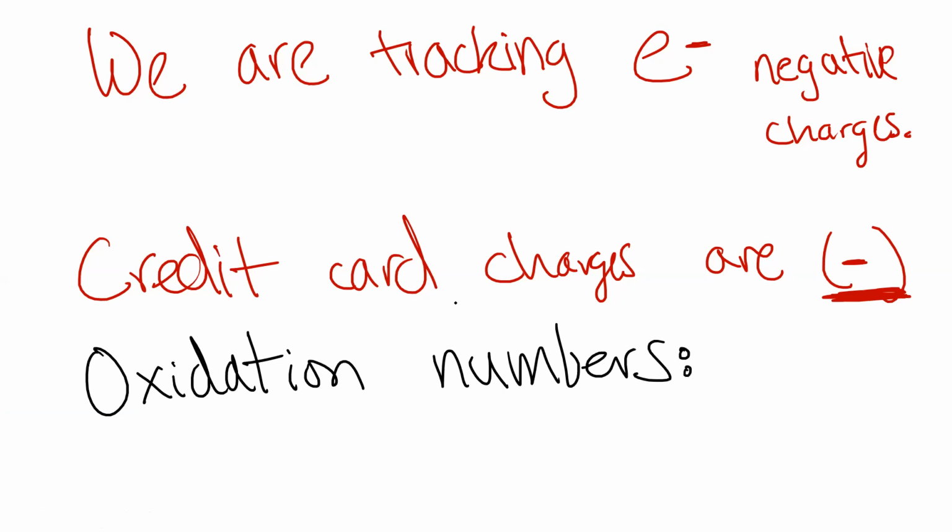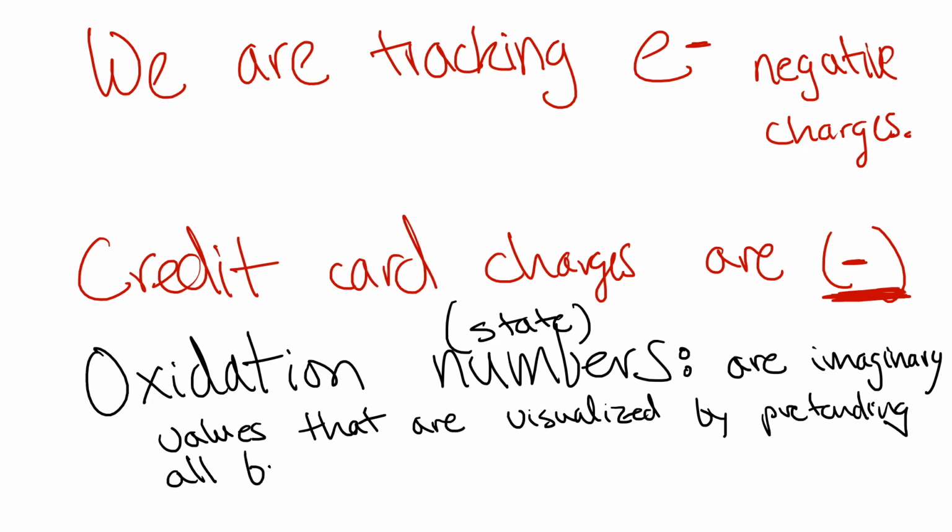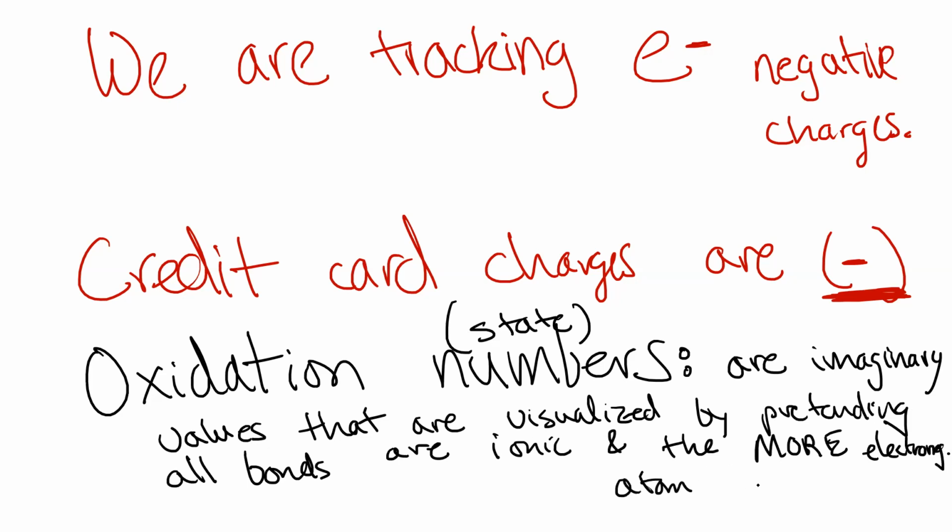Oxidation numbers, also sometimes called oxidation states, are imaginary values that are visualized by pretending all bonds are ionic and the more electronegative atom receives the electrons, which is actually what happens when you form an ionic bond.